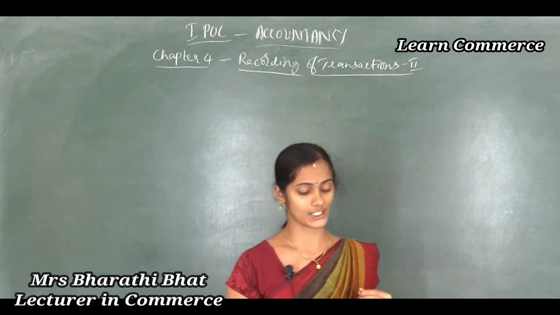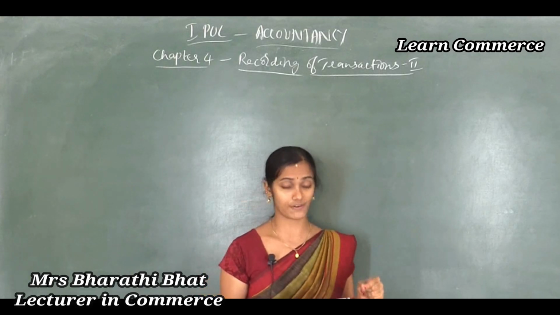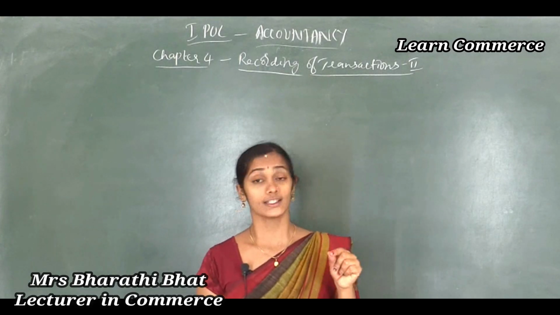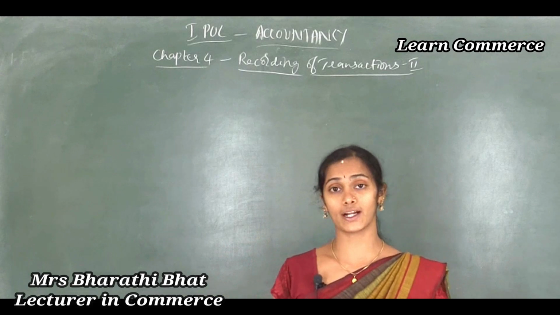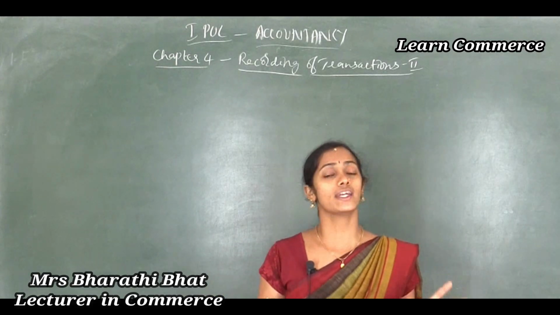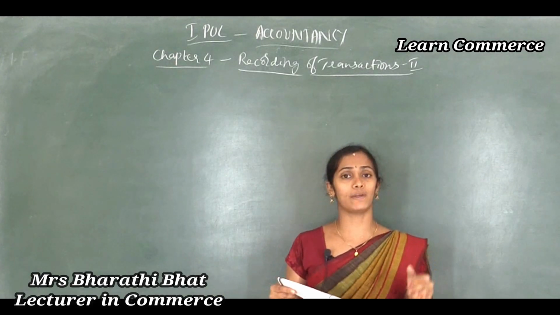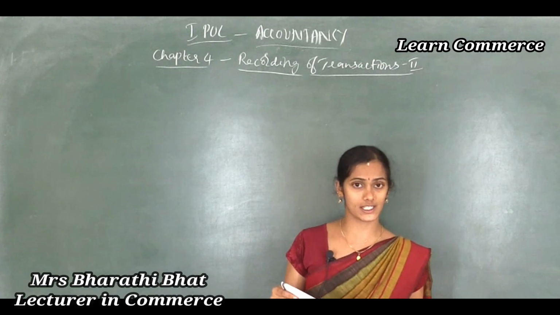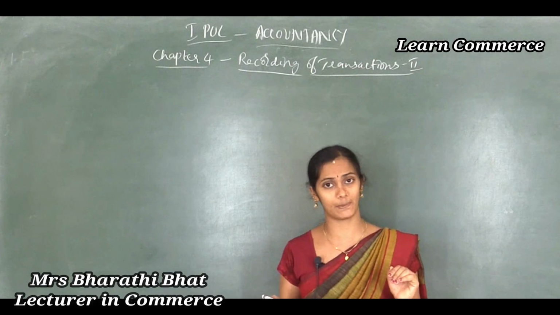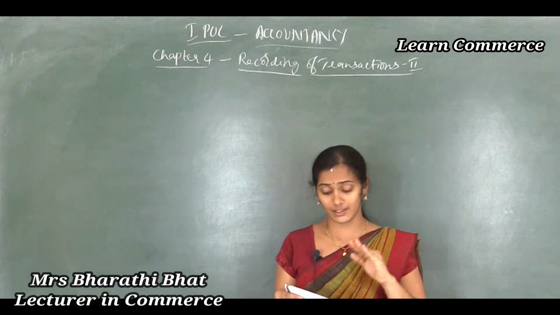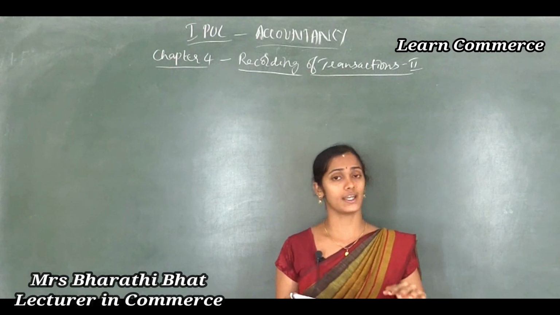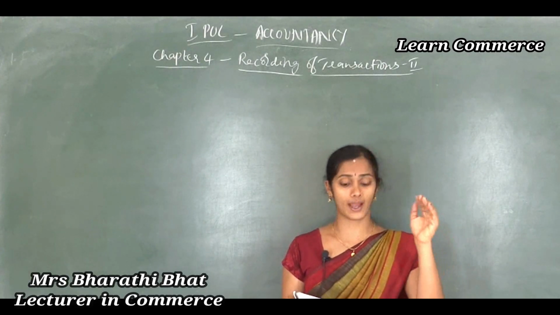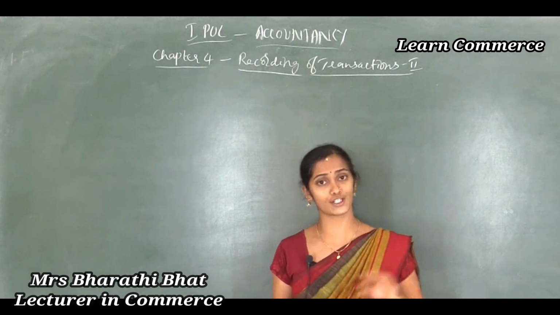So the first transaction is like this: purchased from Mr. Ramakant, Delhi. Okay, Ramakant from Delhi. So here GST is applicable, whether CGST or IGST will be applicable here. Krishna from Delhi purchased goods from Ramakant and he is also from Delhi.